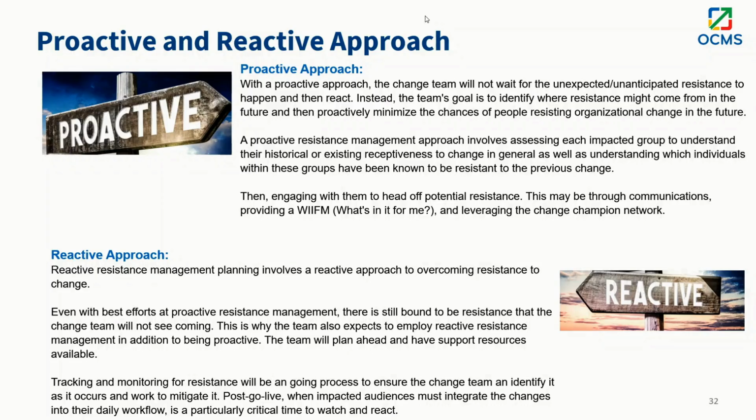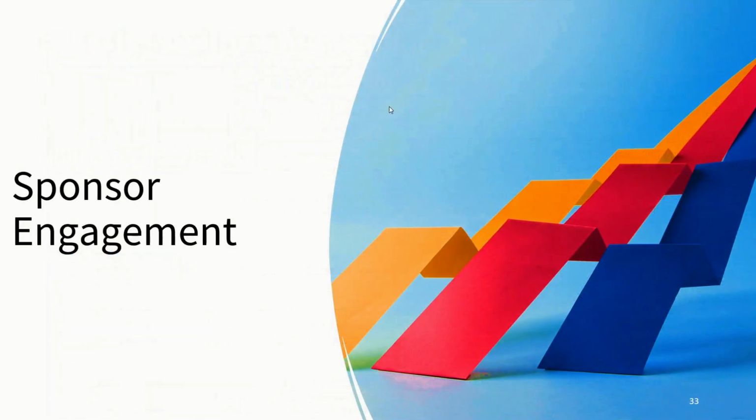Another strategy included here is how to mitigate resistance. You want to apply a proactive and a reactive approach. A proactive approach is identifying where resistance will come from and then developing the plans to ensure it doesn't come up. Reactive is when you identify resistance and then you have to mitigate that. This strategic playbook also includes strategies for engaging with leaders and also sponsors.